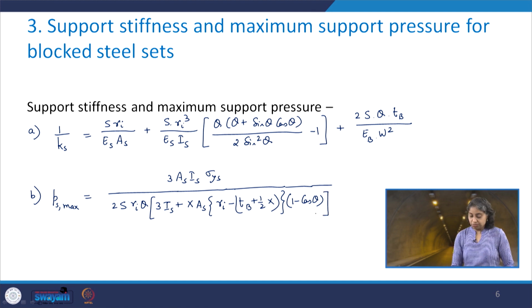And this is going to be the completion of this box bracket. So, this is how we can determine the maximum support pressure and the support stiffness for blocked steel sets.